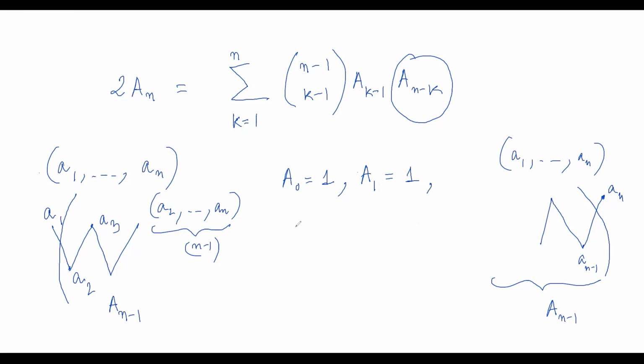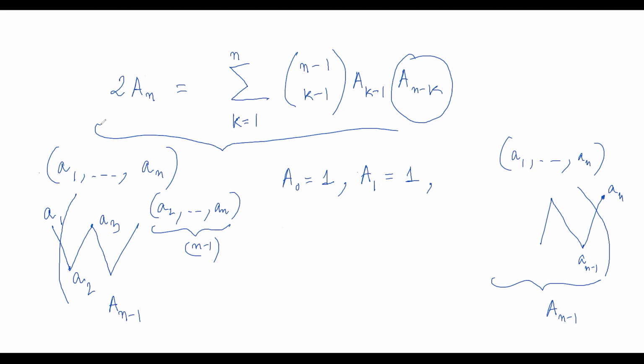Now for our problem, what we have to find out is 2 times a5, right? Because we need to find out that given any 5 numbers, how many alternating sequences can we make out of them. So now we have to do some recursive calculations based on our recursive relation and the two initial conditions.